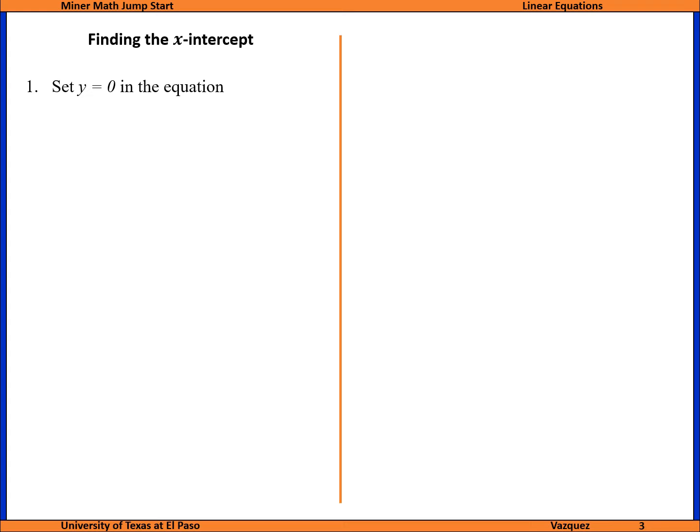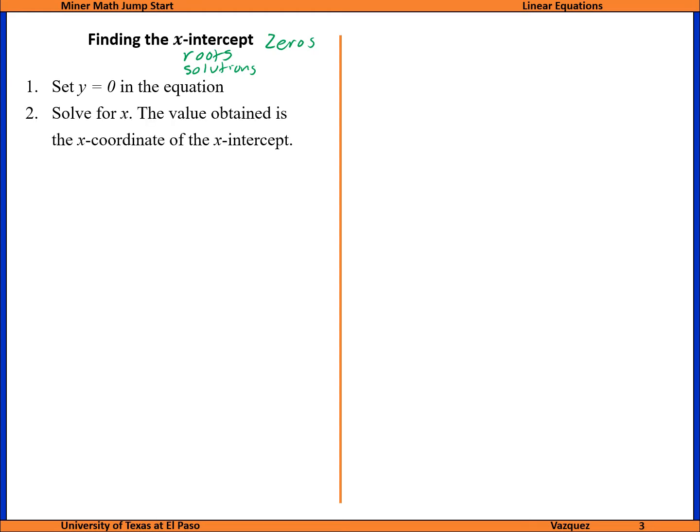Not only do we hear x-intercept, you might hear the word roots or solutions, or maybe even zeros. Those all mean x-intercept. But to find the x-intercept of a linear equation, we're going to set y equal to 0 in the equation. Solve for x.